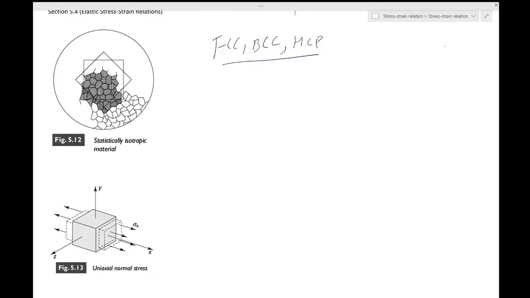If I recall correctly, I think iron is FCC or BCC. Well, you would know better than me. So you should know which crystal structure pure iron has. So that is what they say, that all solids have some regularity in the arrangement of atoms of which they are composed.